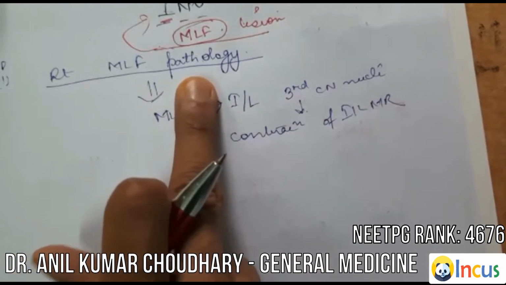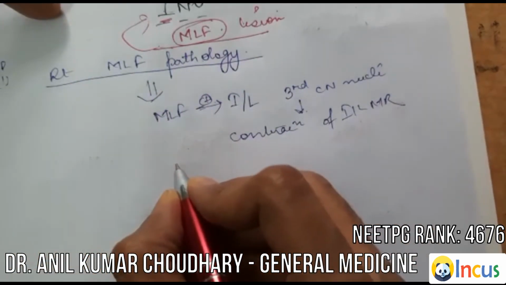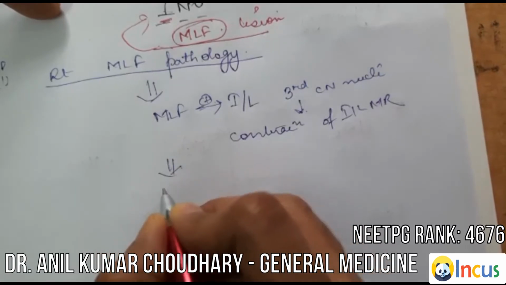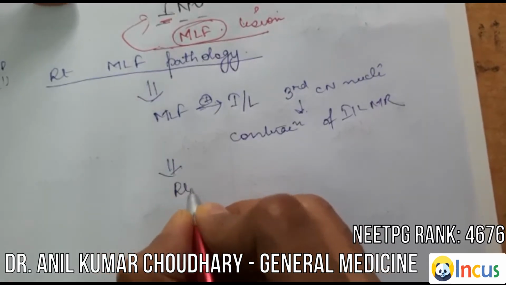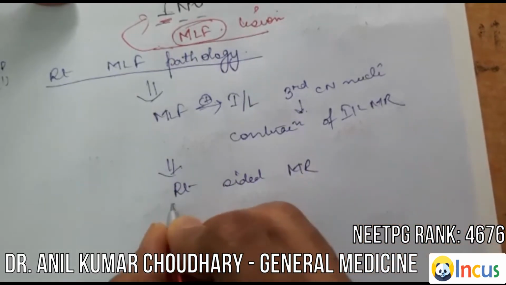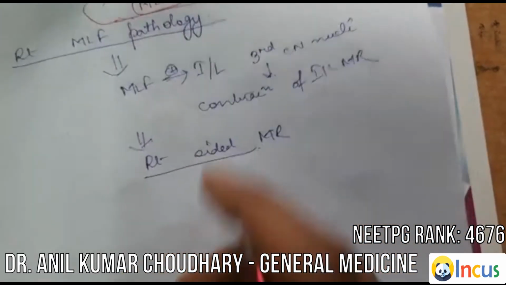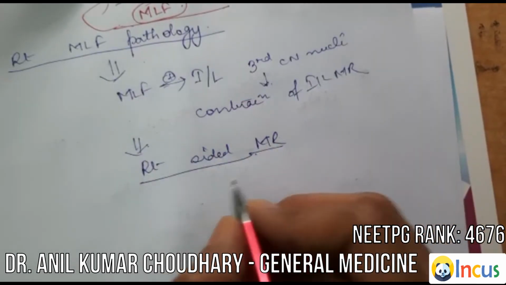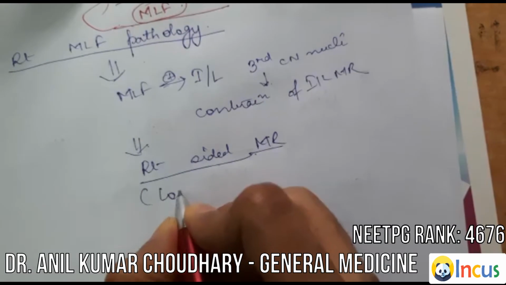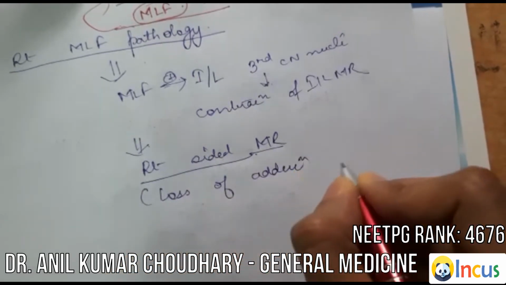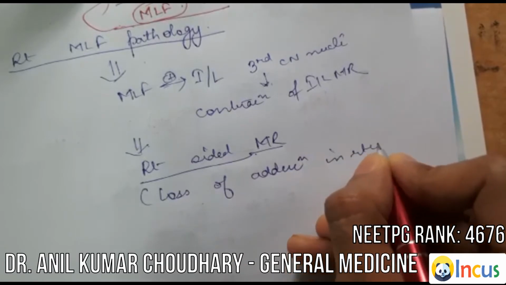Now right side medial longitudinal fasciculus pathology is there. So which muscle has already been paralyzed? That is the right sided medial rectus. Clear? Right sided medial rectus causes adduction of the eye. So there is loss of adduction in the right eye.